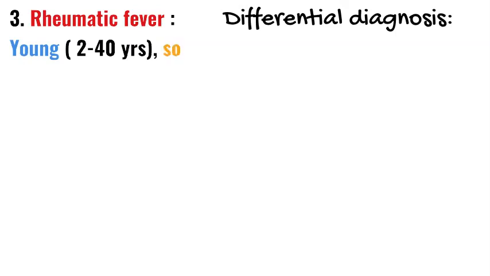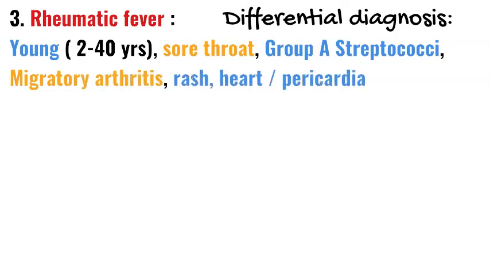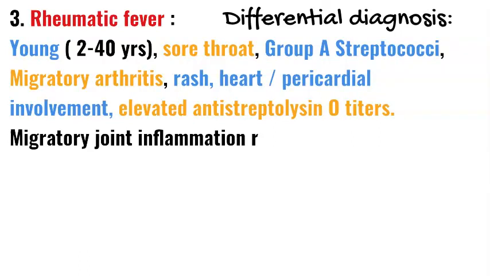For 3, rheumatic fever in a young patient 20 to 40 years old, presents with sore throat due to group A streptococci, with migratory arthritis, rash, heart or pericardial involvement, elevated anti-streptolysin O titers, migratory joint inflammation, responds well to aspirin.